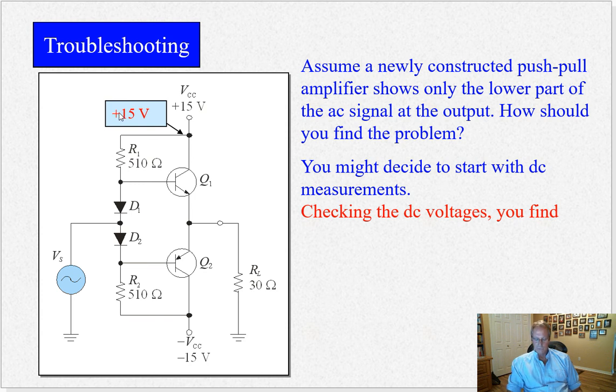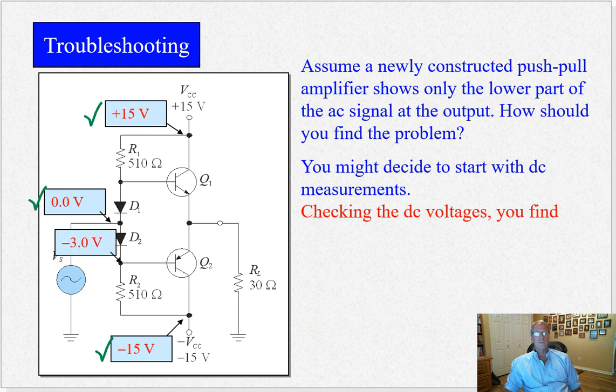Well, I got my 15 volts. Minus 15 volts. Yeah, got it. You better check your ground too, although I don't think that's checked here. Well, there's 0 volts at the input. That's without a signal. That better be 0 volts. Minus 3 volts? I don't think so, right?